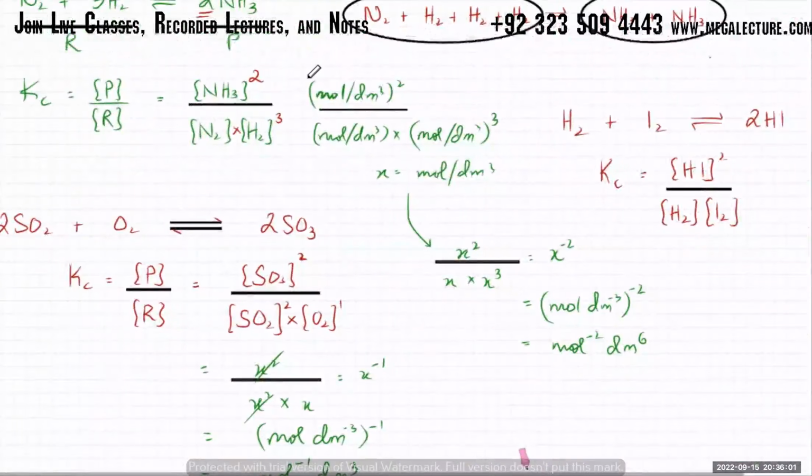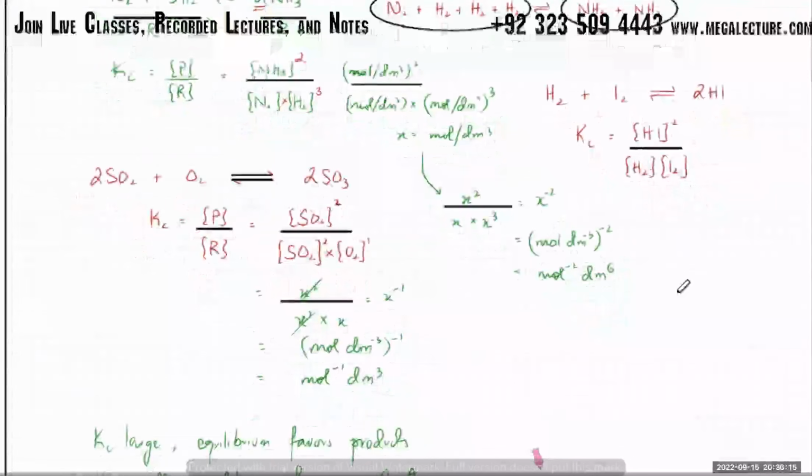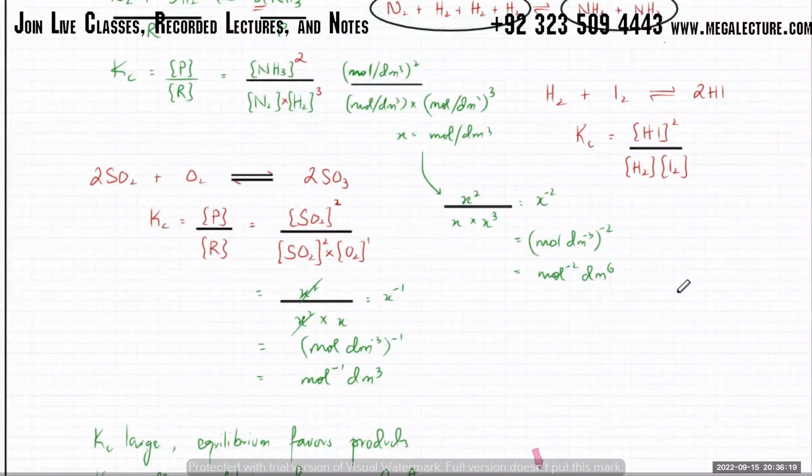I told you it's concentration squared over concentration cubed. Take concentrations as x, simplify first, you get x minus 2, and then put x as mole per dm cube, and that's it. Is that clear? Yes, sir.